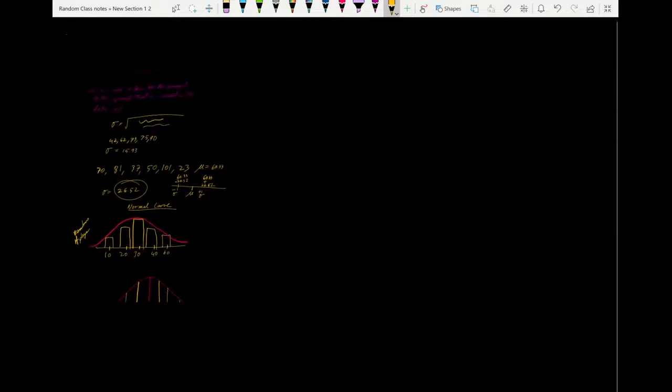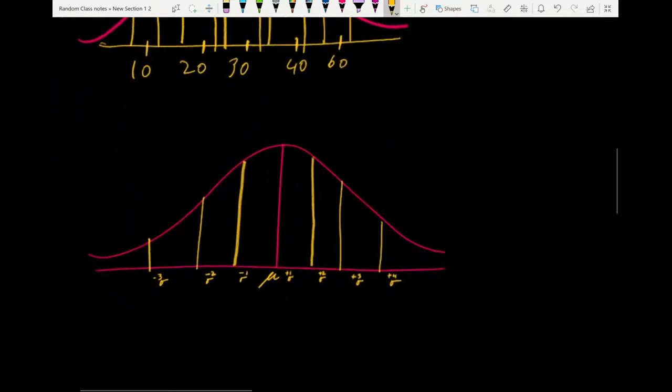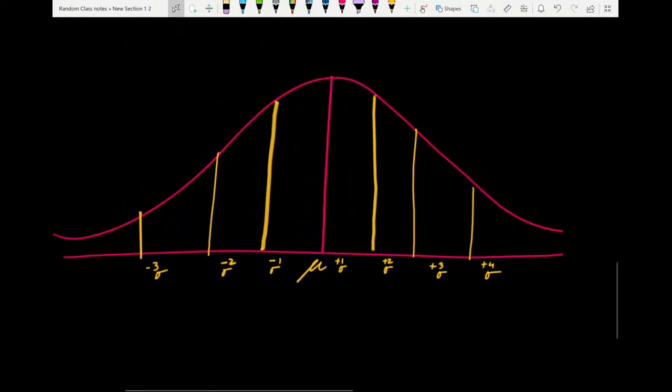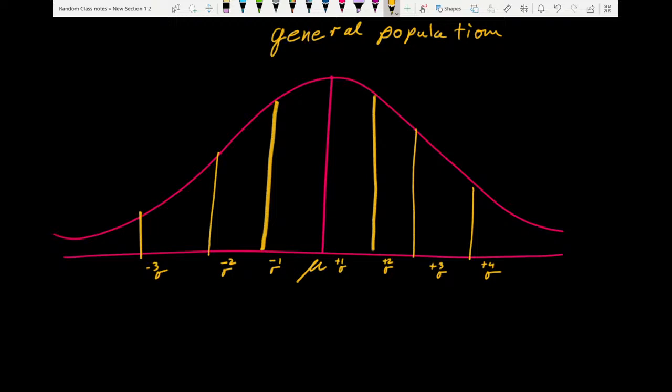All right, so let's go back to this normal curve. In the general population, this is the rule that statisticians came up with. Let's use a different color.